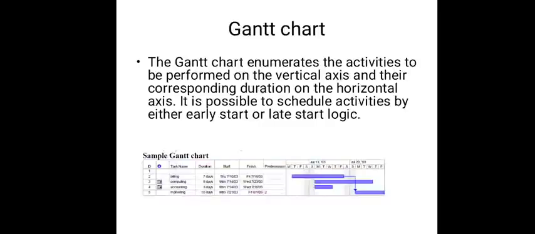In the early start approach, each activity is initiated as early as possible without violating the precedence relation. In late start approach, each activity is delayed as much as possible as long as the earliest finish time of the project is not compromised.